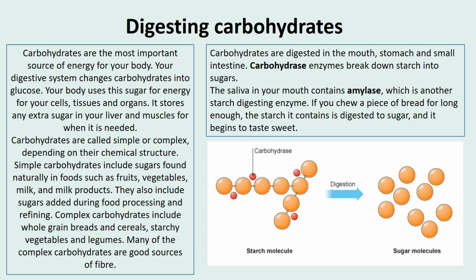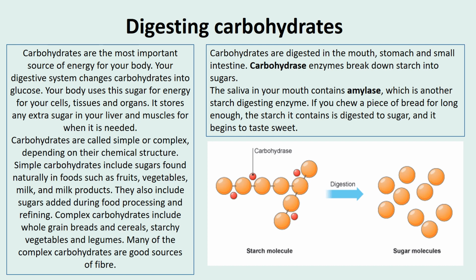We've already spoken about how important they are because they provide energy in our body, so we need that energy to do lots and lots of different things. If you take a complex carbohydrate, then that is broken down into simple sugars. Okay, and it's those simple sugars that we use in things like respiration.